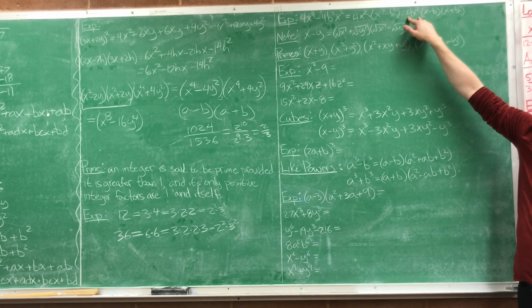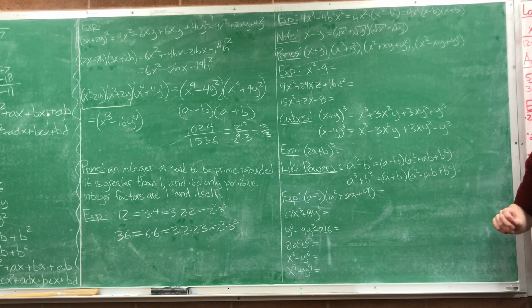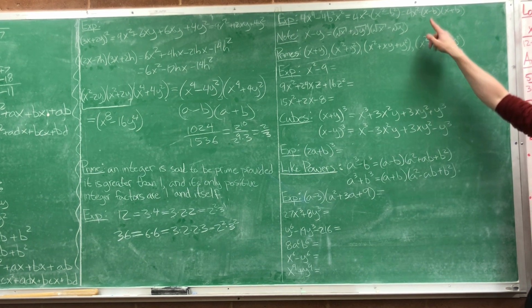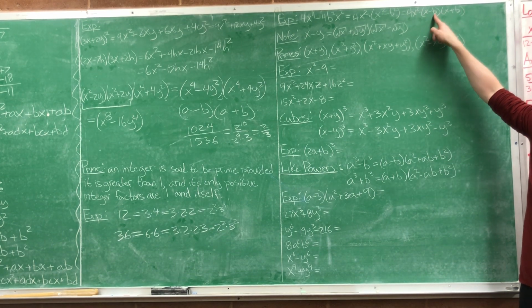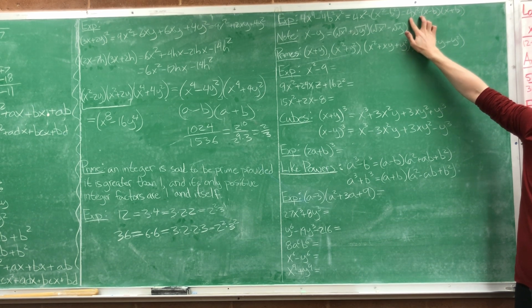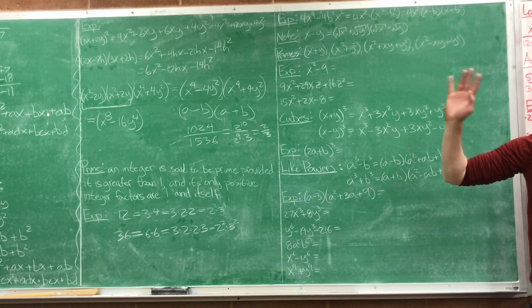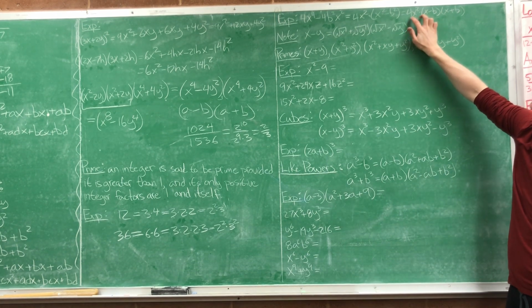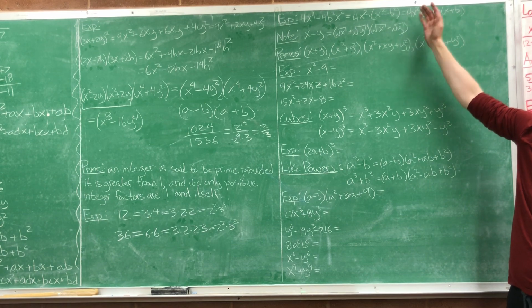Well, you could factor out the x's, go 4 times x times x. I can't factor an x out of this term because that doesn't have an x. No, 4x squared. How is that prime? Oh, I see what you're saying.